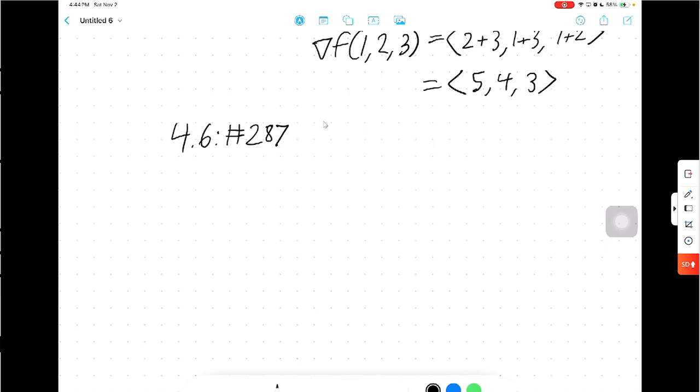287. For the following exercises, find the derivative in the direction of u. So this is just your directional derivatives.